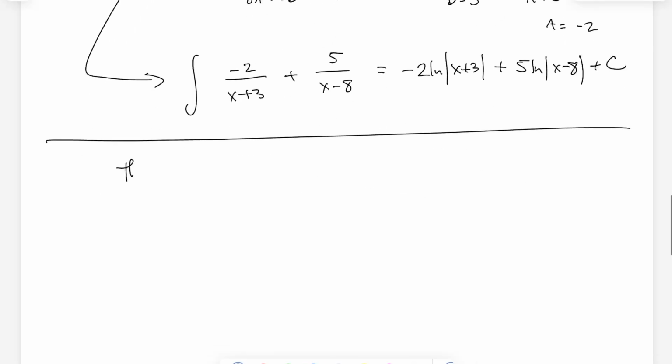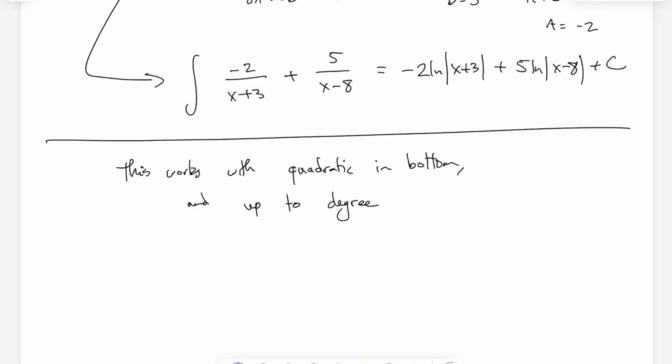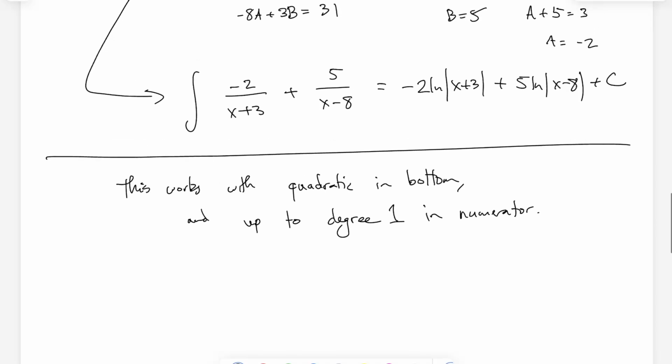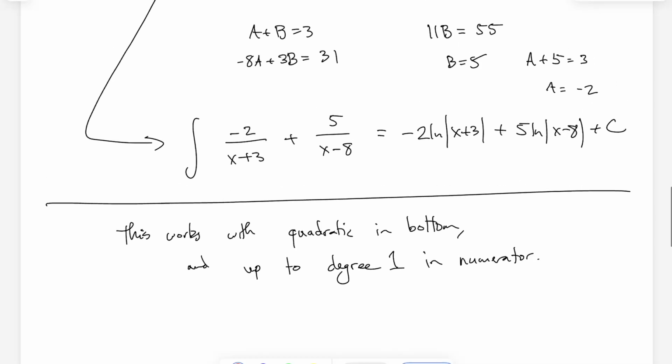Let me just say this works with a quadratic in the bottom and up to a degree 1 in the numerator. Like the example we just did had a degree 1 in the numerator.